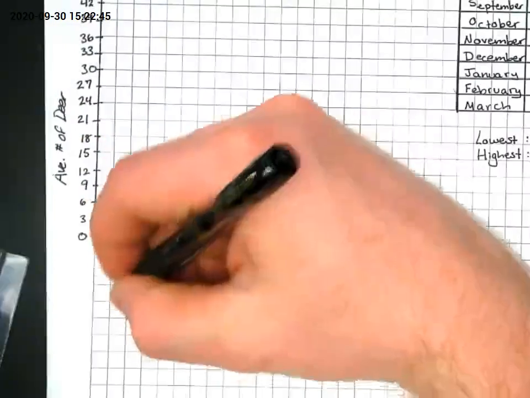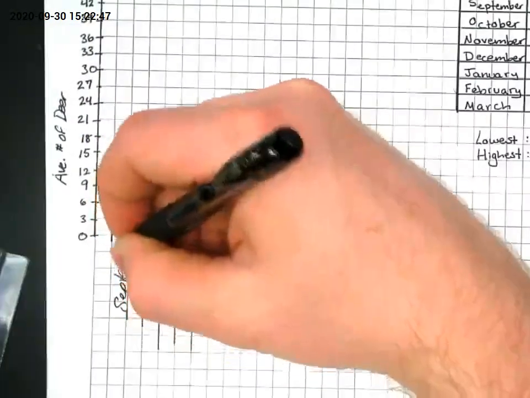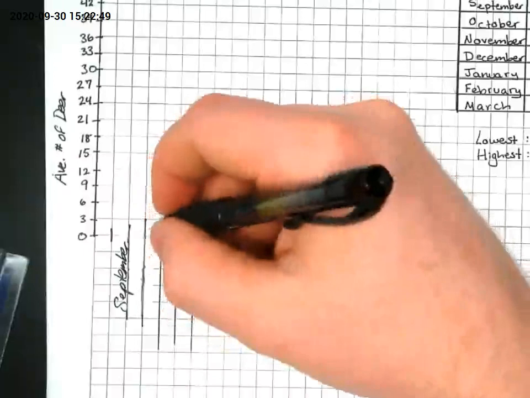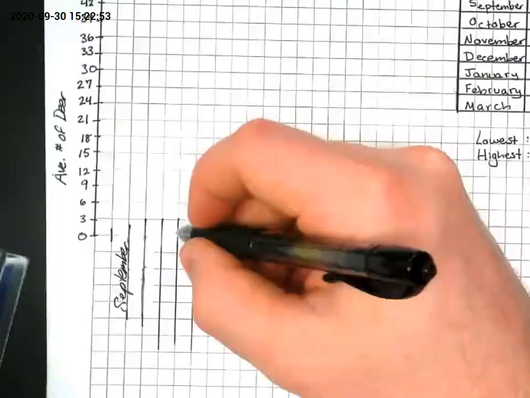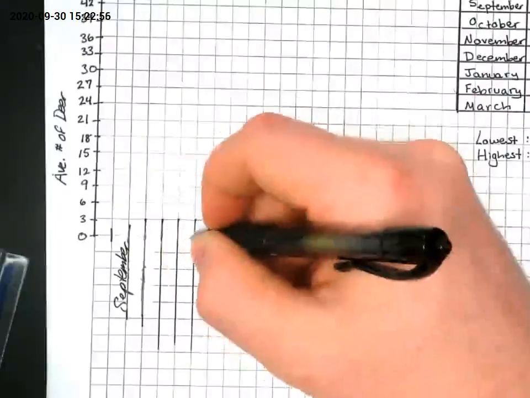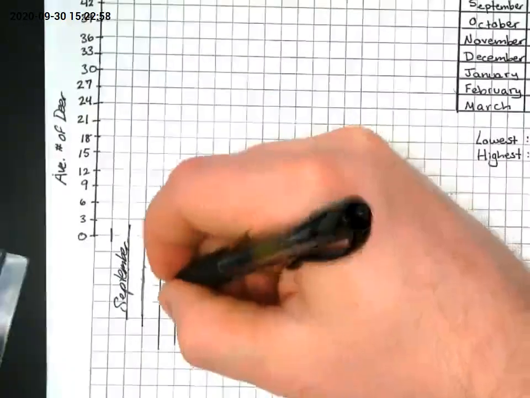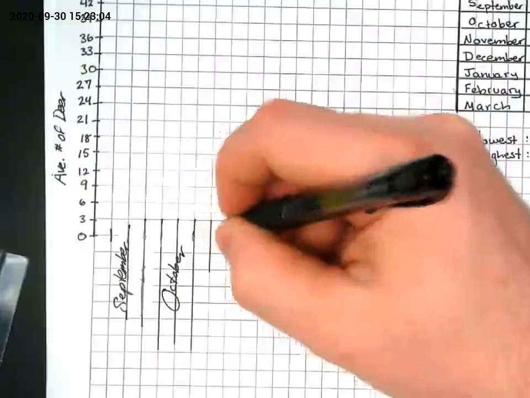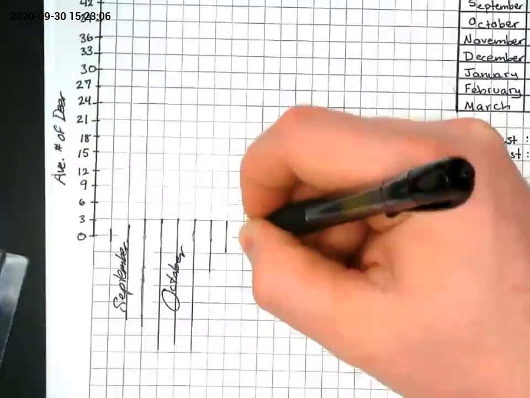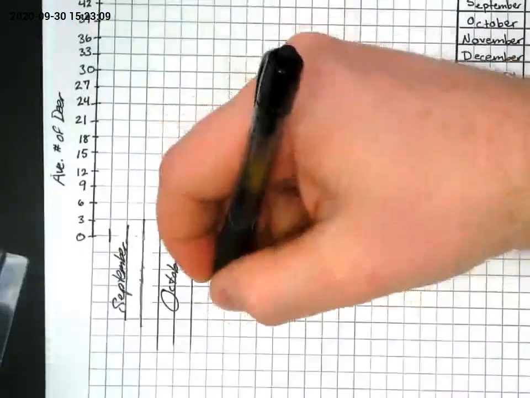So here's September. Then 1, 2. Oop, no, because it's just here. I have October here. Sorry if this looks a little messy now. It's 1, 2. And then this is going to be November.